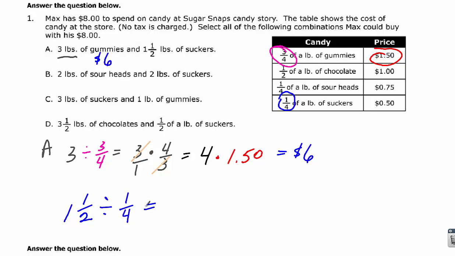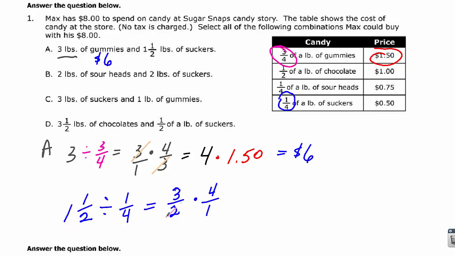Again, we're going to change this to a multiplication problem. So we're going to take the 1 1/2 and make it into an improper fraction. So in 1 1/2, there are a total of 3 halves. And we're multiplying that by the reciprocal of the 1/4, so that's 4 over 1.